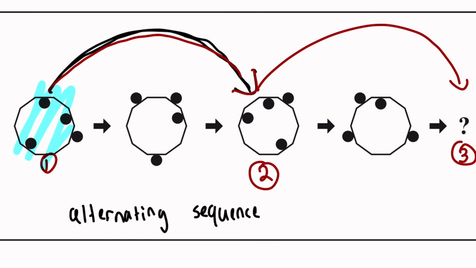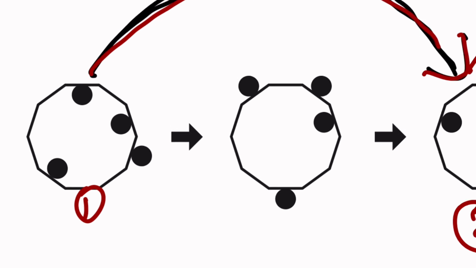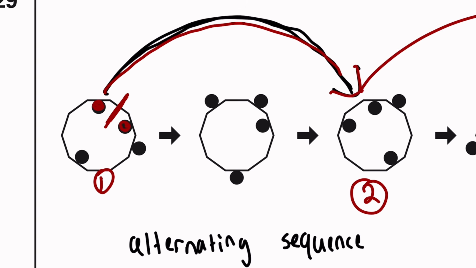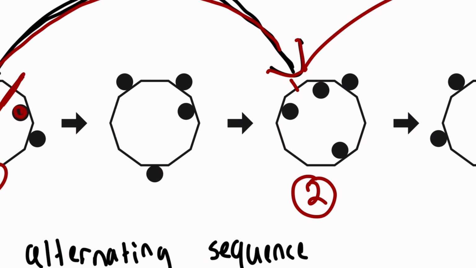So let's figure out the pattern, all right? If you look here, in this first one, you notice that there's 2 dots on these 2 sides, and they kind of have a little line here. If you can think about drawing a little line here to show where these 2 dots will lie, they will be on either side of this line, okay? So now, where does it end up here? It ends up over here.